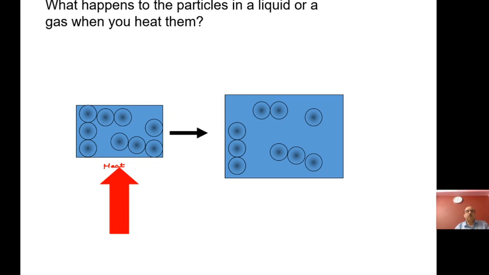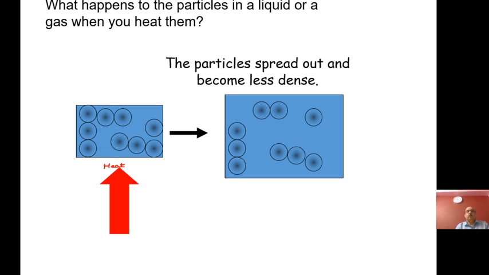And when we heat it up, the particles spread out and become less dense. In the second figure, they are far away from each other. So they become less dense. This affects fluid movement. The particles go away from each other and the fluid gets movement.